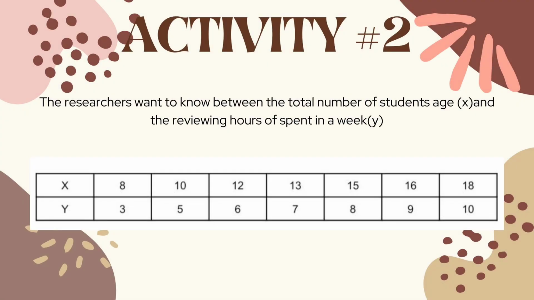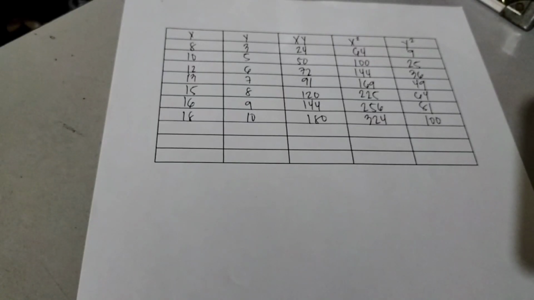For activity 2, the researchers want to know the relationship between student age and the reviewing hours spent in a week. So, for activity 2, nandito na yung total ng bawat table and i-add na lang natin sila.